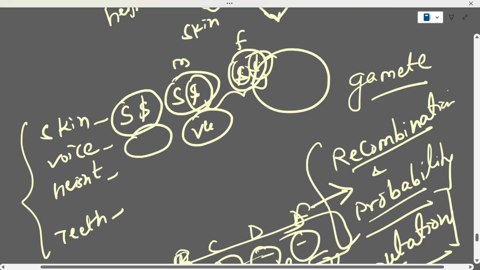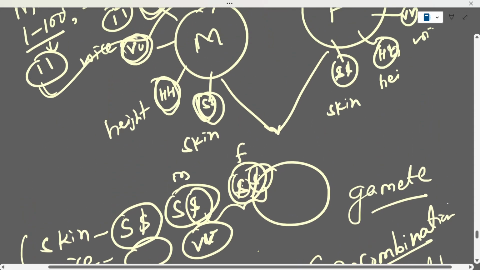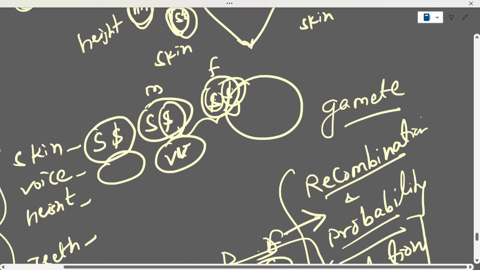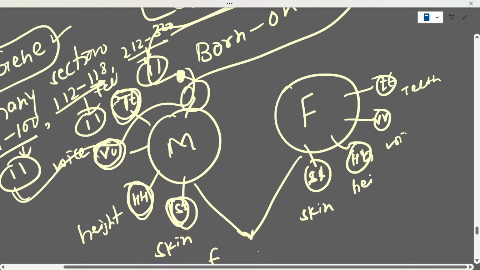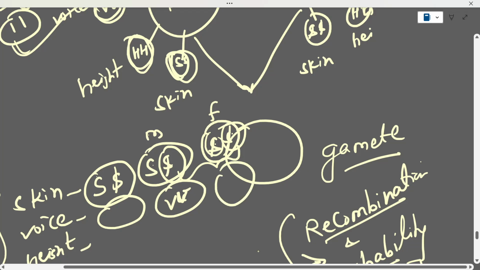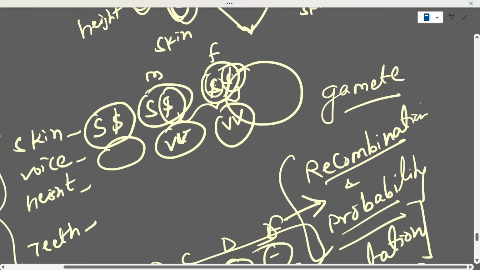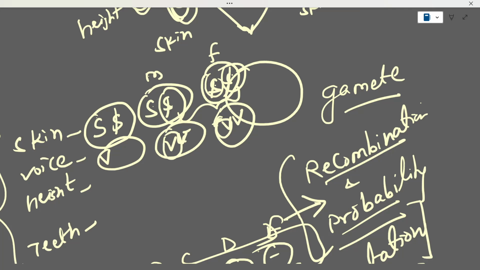In the same way, we take the inputs for voice. In case of the mother, one is dominant, one is recessive, and in case of the father, both are dominant. So here, one dominant out of the father will be taken, and out of the three, in which one is dominant, one is recessive, and the other recessive, the mechanism of meiosis will inherit the other dominant.